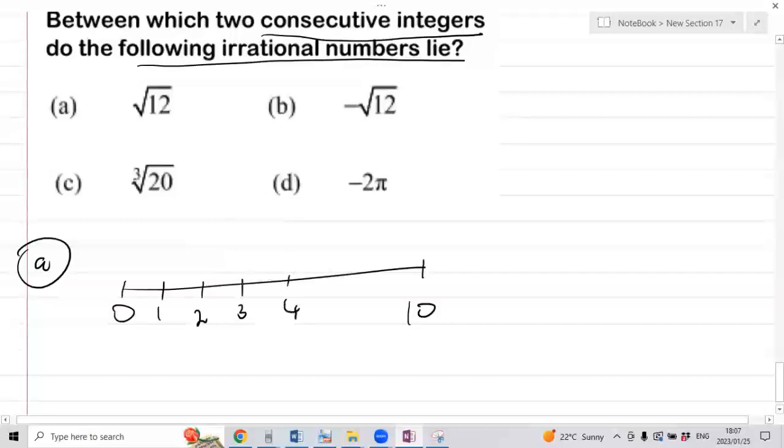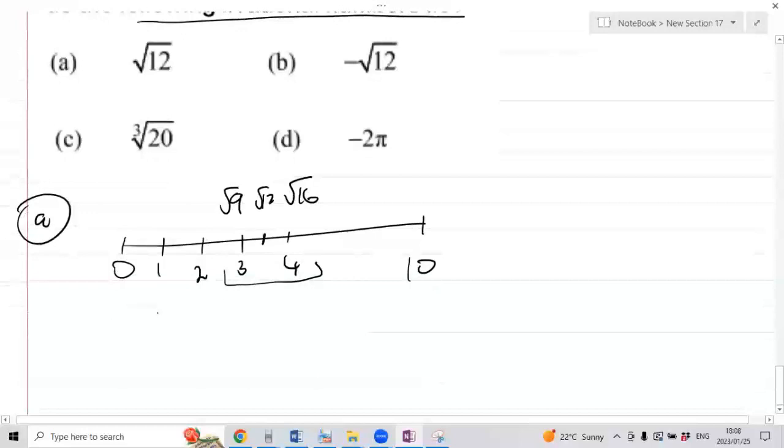So straight away, if you look at it, 3 squared is 9, so the square root of 9 is 3. 4 squared is 16, so the square root of 16 is 4. Which means that in between here will be the square root of 12. So therefore, it's going to lie between these two integers, 3 and 4.